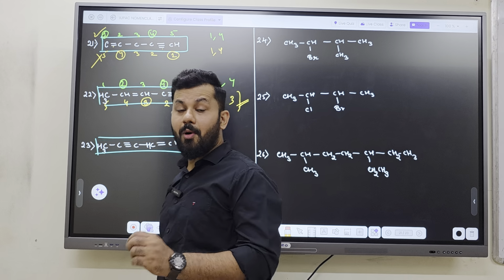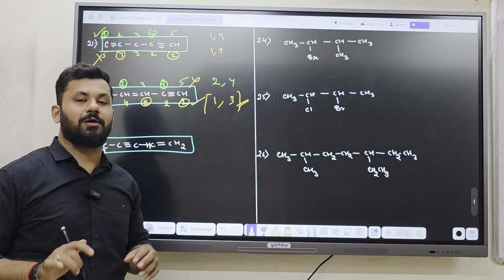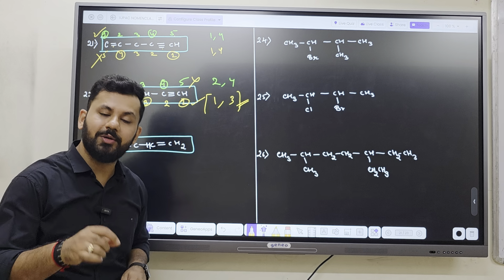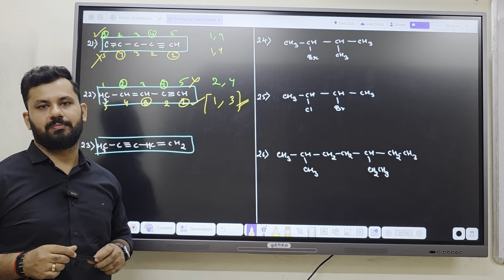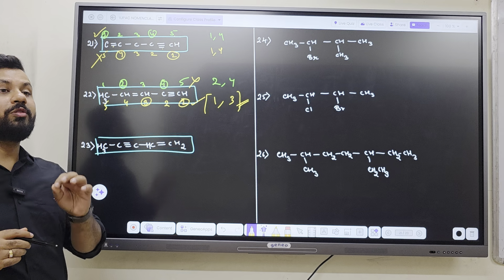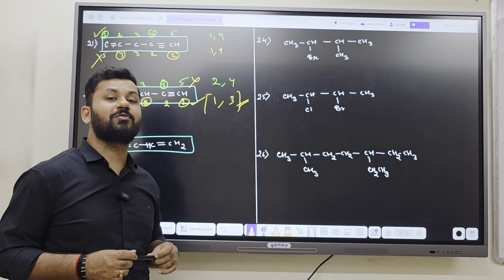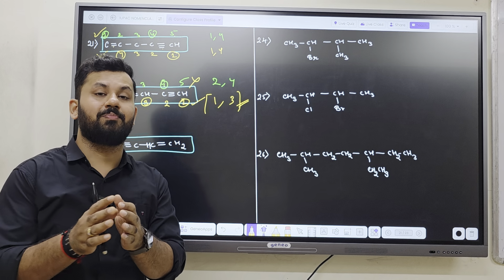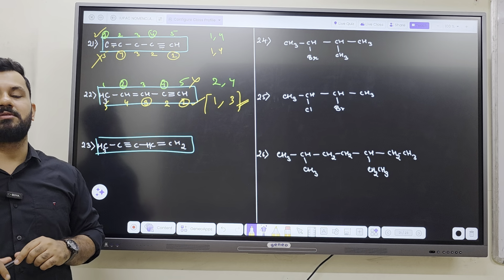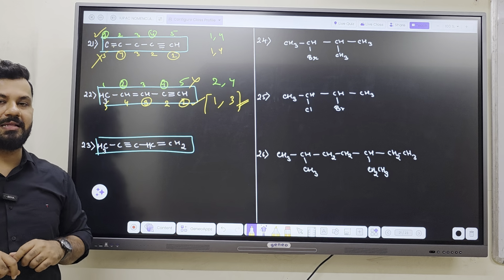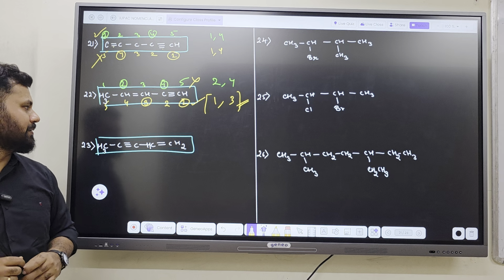My point is that for us, multiple bond is multiple bond to start with. We do not distinguish double and triple. Only when you see that the sets of locants are the same will you start to distinguish: this is double, this is triple, this is ene, this is yne, and therefore I have to give the minimum number to ene, then yne.